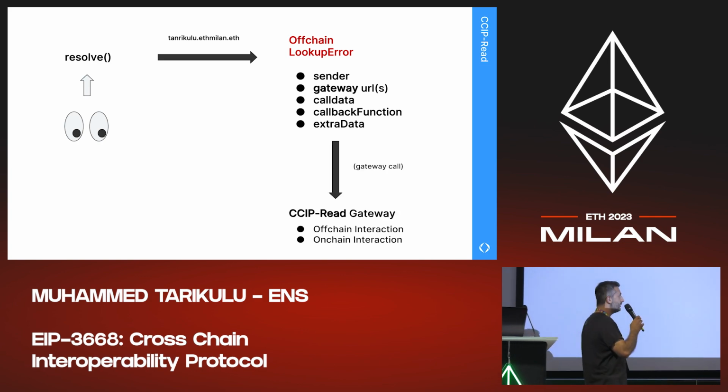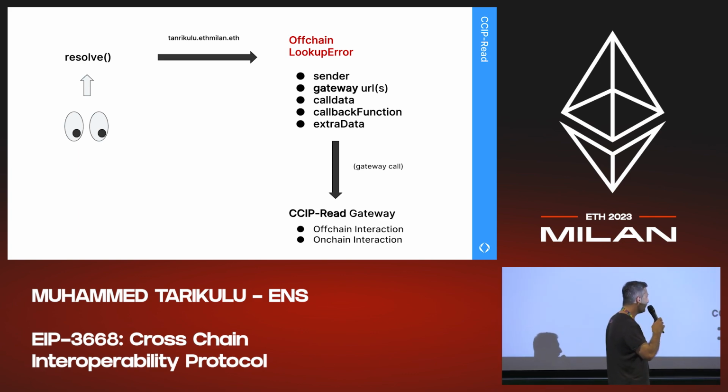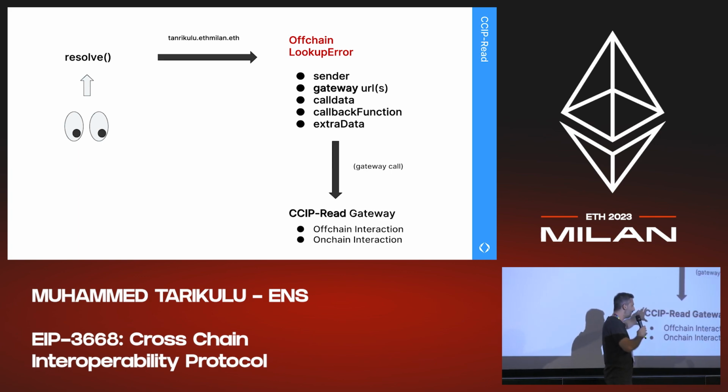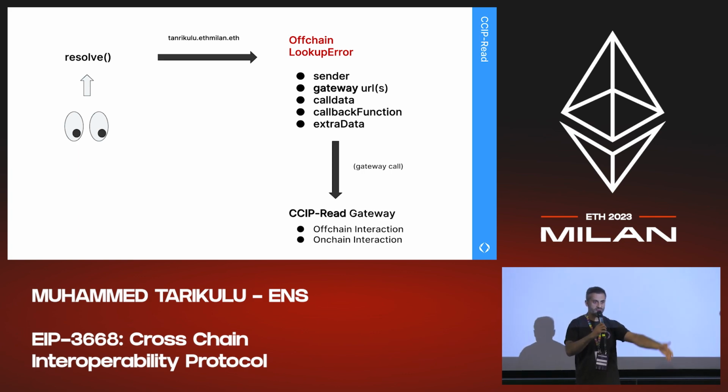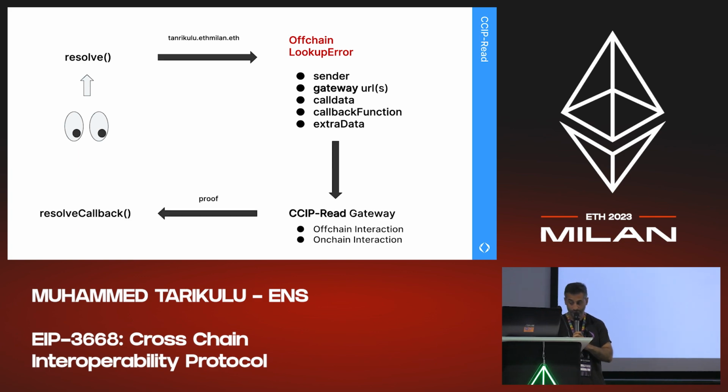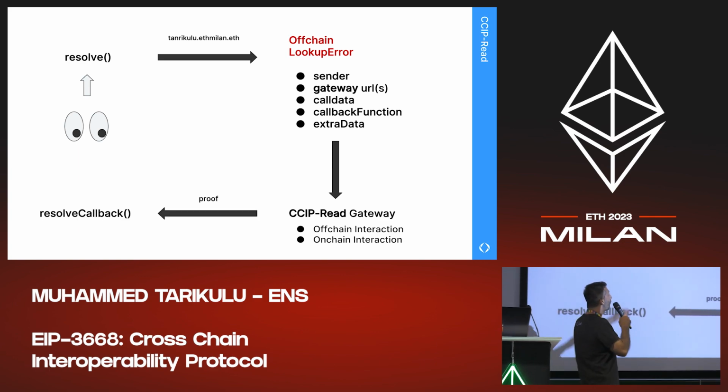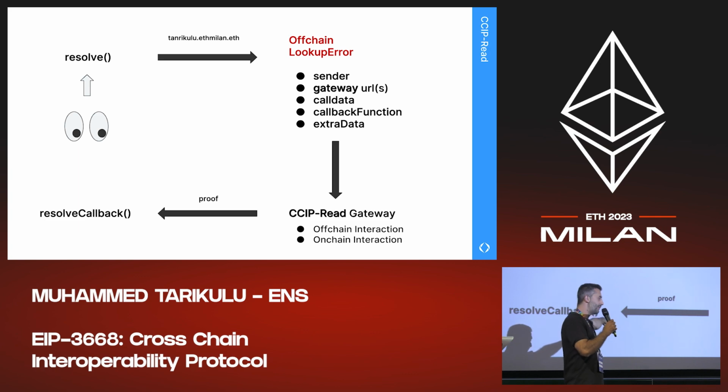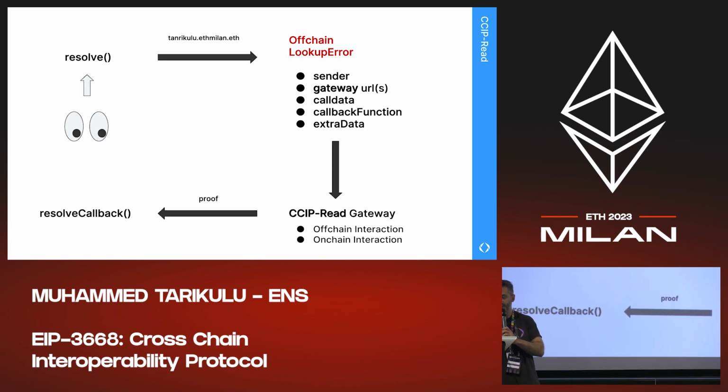Then the client calls the gateway, and based on how you implemented the CCIP read gateway, it can be off-chain or on-chain. It just goes to the actual source of the information and retrieves it back with the proof. Then it calls the same contract but a different method, with the information gathered from the gateway, and the contract checks if the proof is correct.